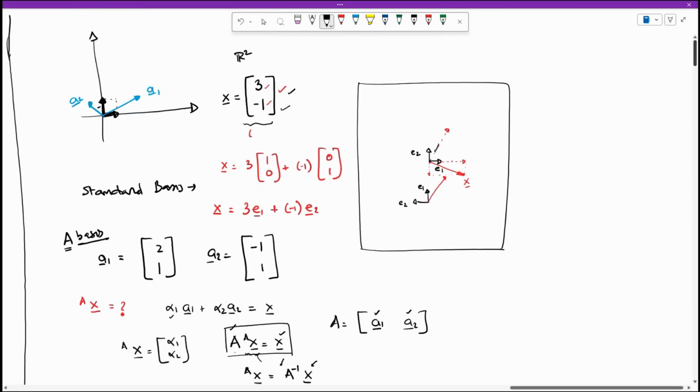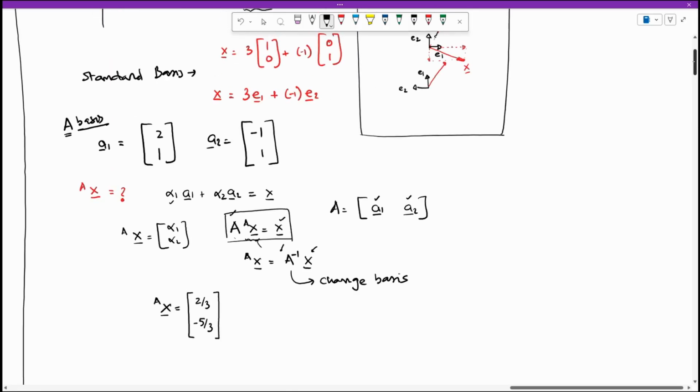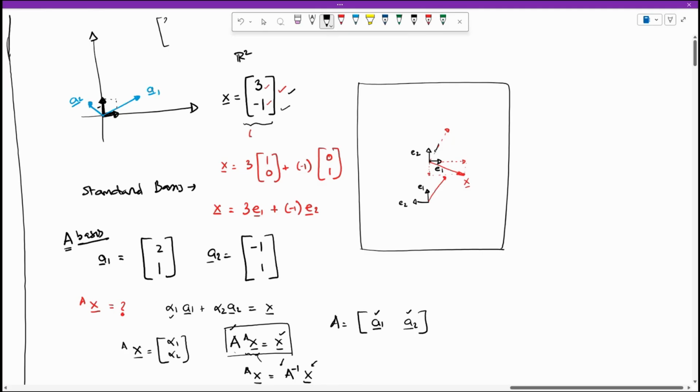This is all we have. Forget about the standard basis. Forget about the graph paper. The vector we are given is (2 by 3, minus 5 by 3). Now, how do we find out where that vector is? You don't have anything else.